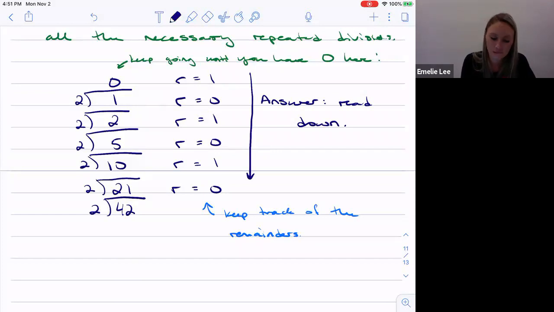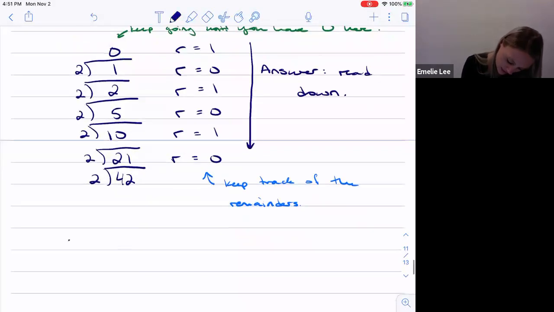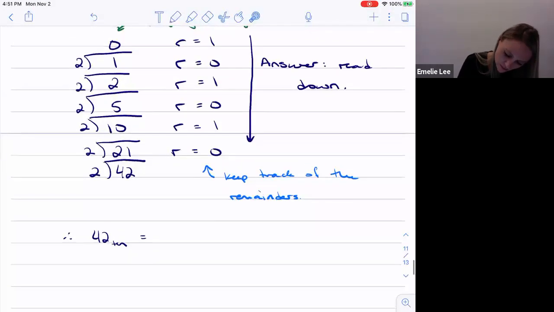What we're saying is, again, 42 base 10, which is implied, but I'll write it just for emphasis, is 1, 0, 1, 0, 1, 0 base 2.